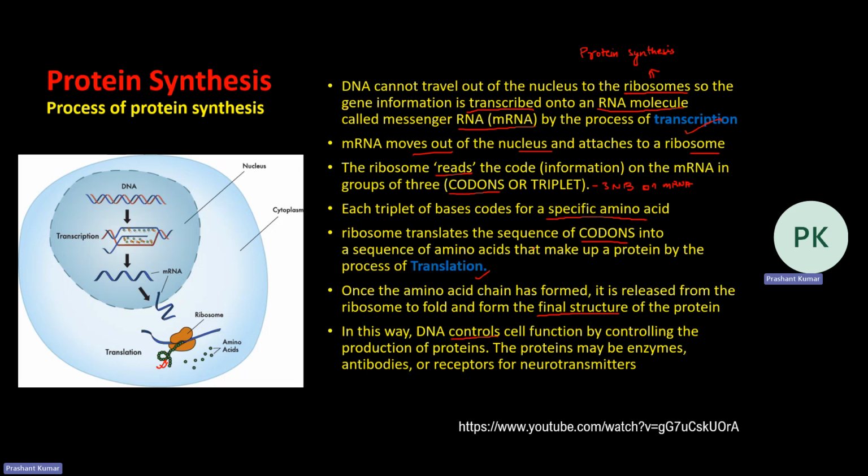And the sequence of the codons is going to decide the sequence of amino acids in the cell, and the process by which it is formed is called translation. And at the end, the protein will reach its final structure, and then it will operate inside the cell, or it will become more functional.